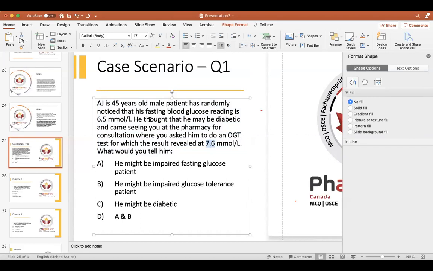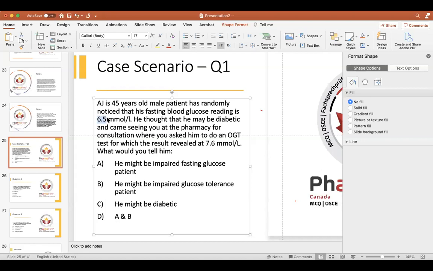The definition of IFG, impaired fasting glucose: when the reading is between how much can we say this patient is IFG, impaired fasting glucose? Yes, from 6.1 to 6.9. Yes, correct.